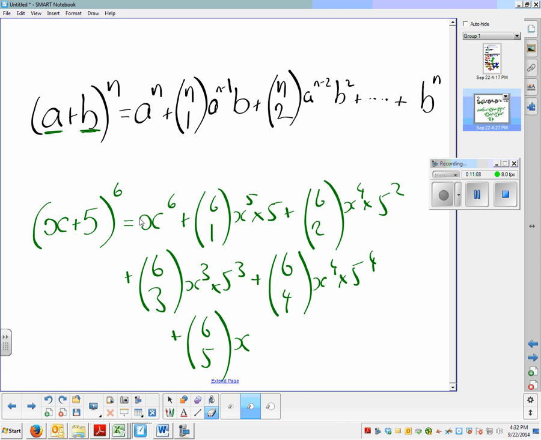Oh, sorry, that's not quite right, is it? X squared, it should be. So these numbers should always add up to 6, 5 and 1, or 4 and 2 here.